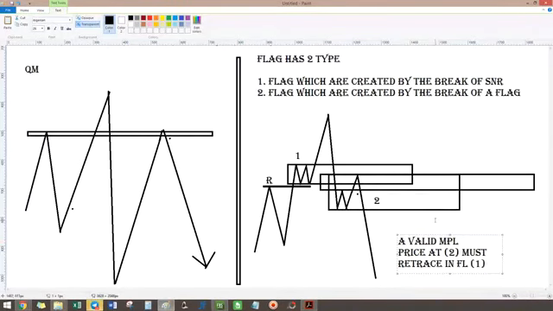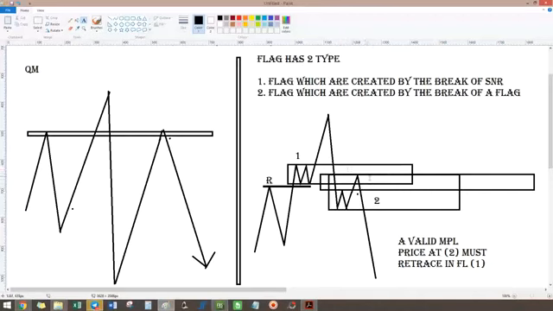Okay, must retrace in here to make it a valid MPL. Okay, this is a very confusing. Okay, but I will teach you since you want to know.